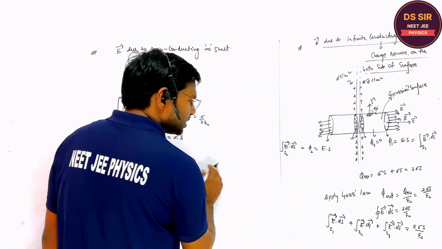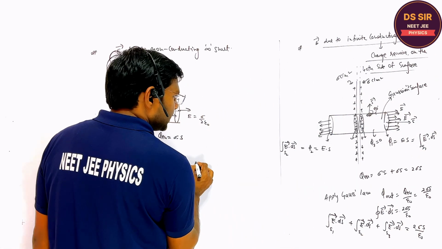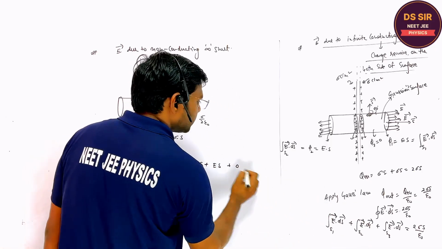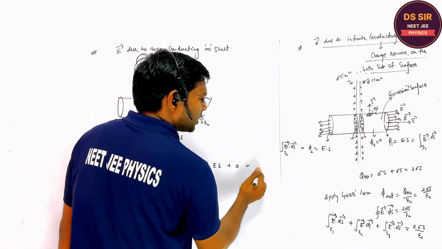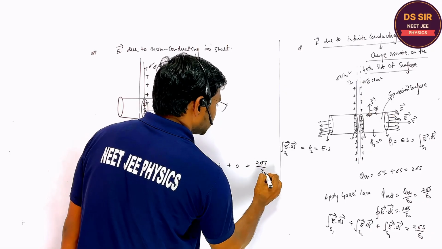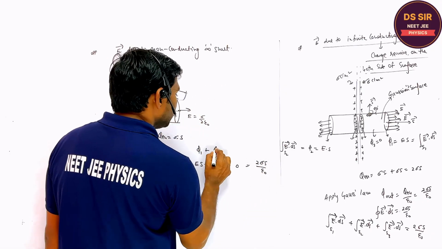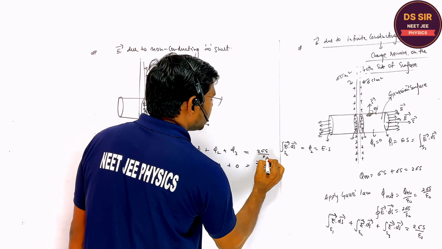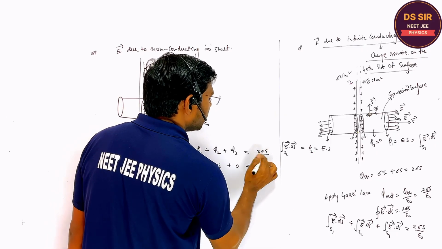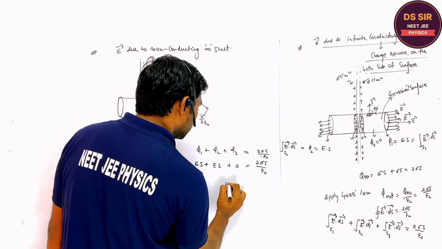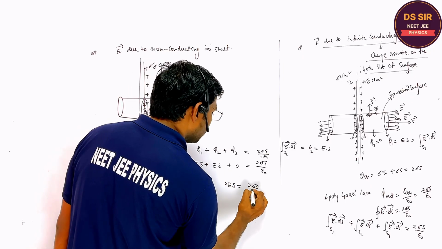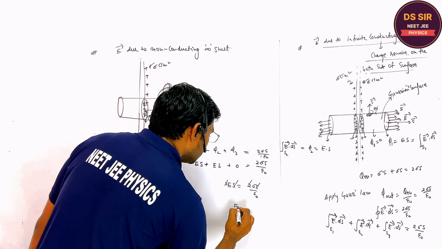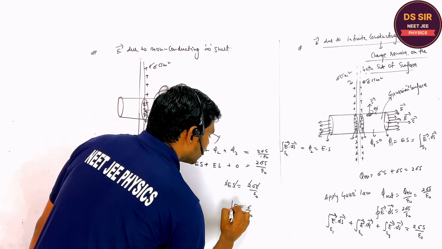So this value is Es, this value is Es, and this value is 0. Phi 1 plus phi 2 plus phi 3 is equal to total charge enclosed divided by epsilon naught, and in this way also you can write. So 2 Es is equal to 2 sigma s upon epsilon naught. The s cancels out. So the electric field is sigma upon epsilon naught.